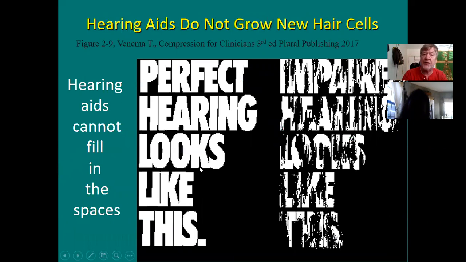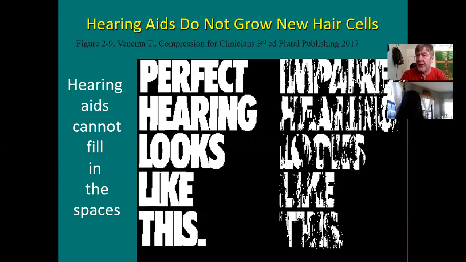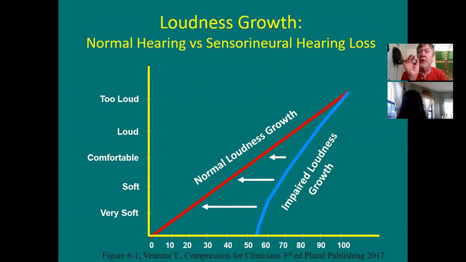Perfect hearing looks like this, impaired looks like that. And we all know that when that happens, now watch this slide carefully. This damage here on the right leads to this. And now look at this slide and absorb it carefully because this is why we have fitting methods.